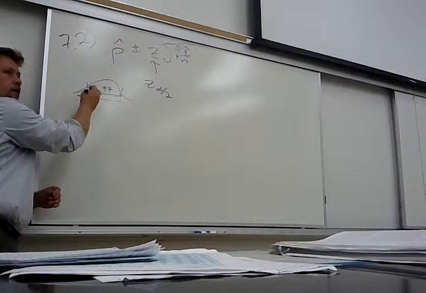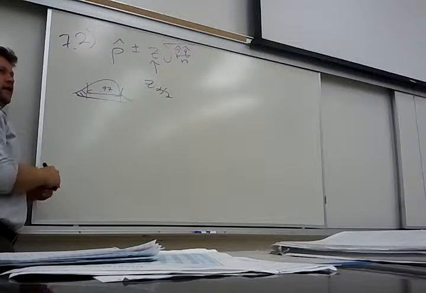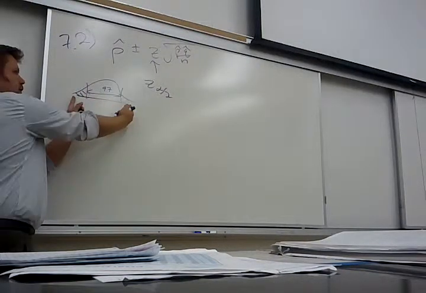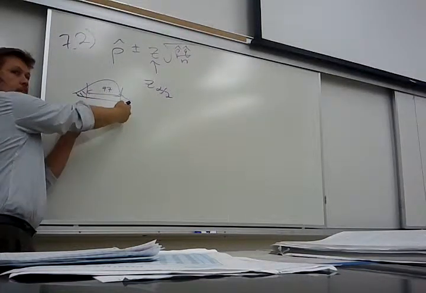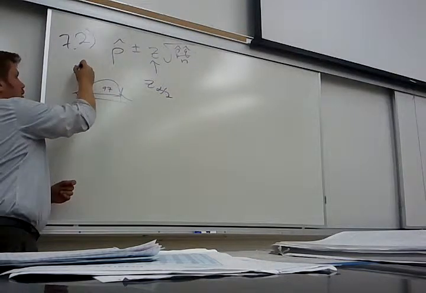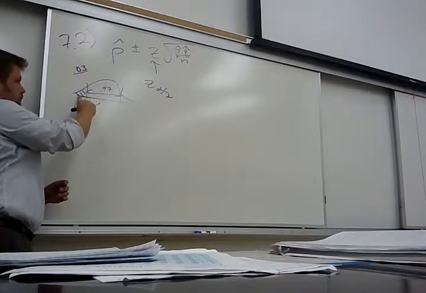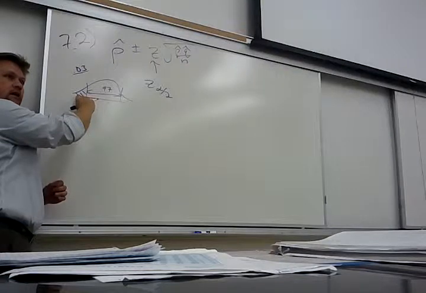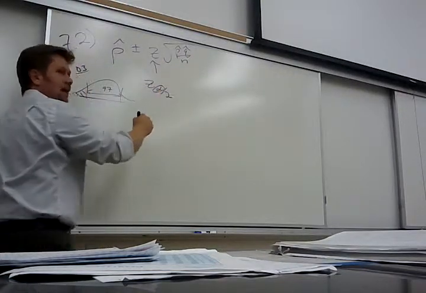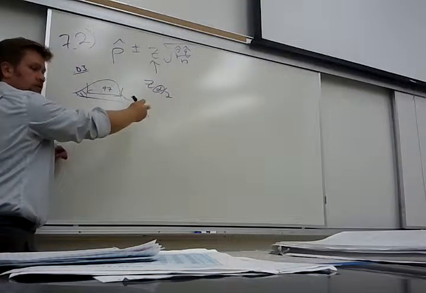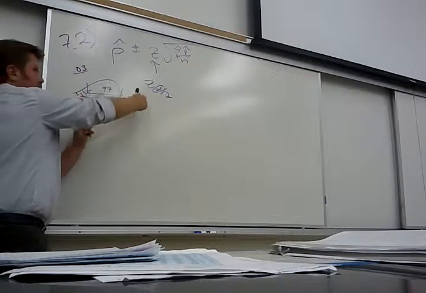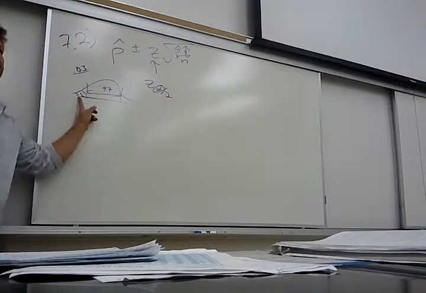Yeah, so like this area here. How would you figure out what that area right there is? What area is outside? 3%, 0.03, right? And then you have to divide that in half, right? Cut that in half to get just the one side. So alpha is the area in the tail, or tails, cut in half because I just want one tail.